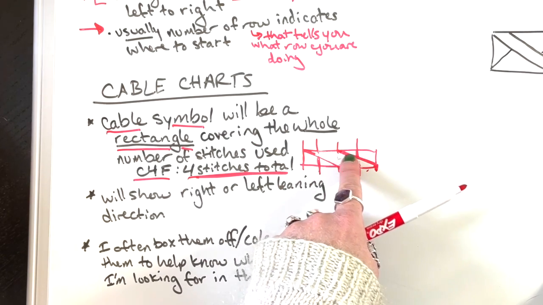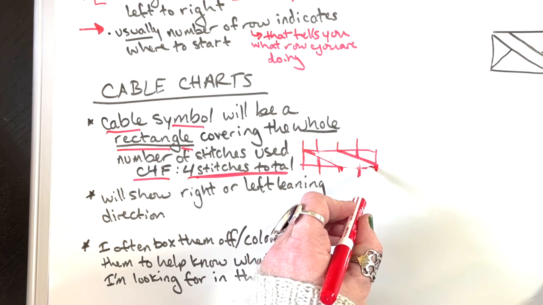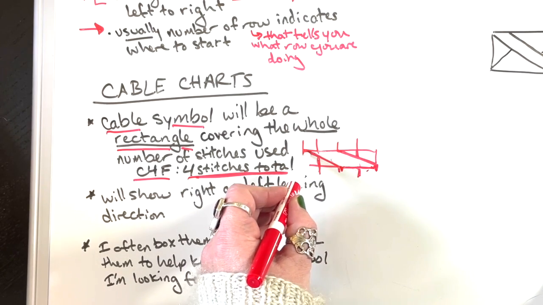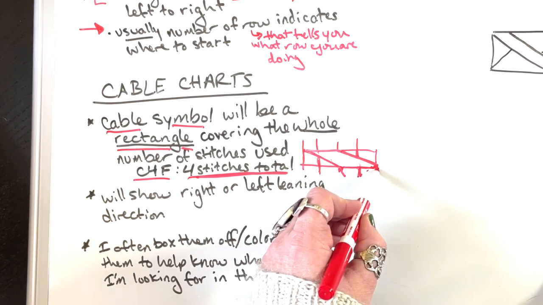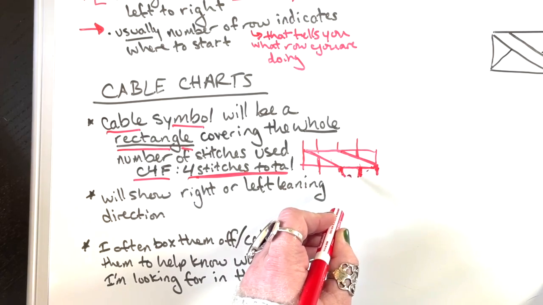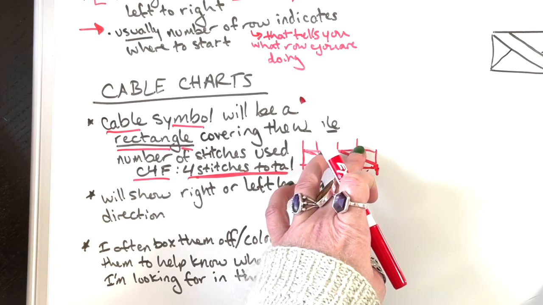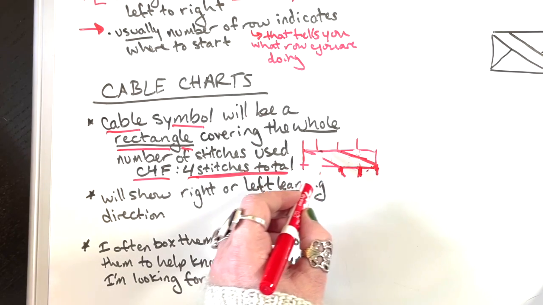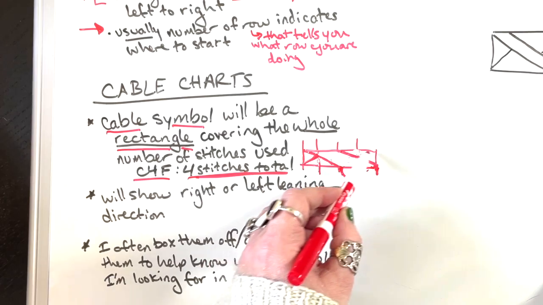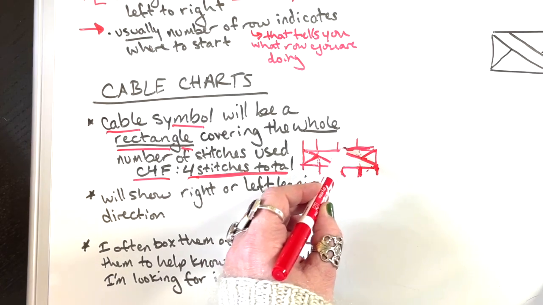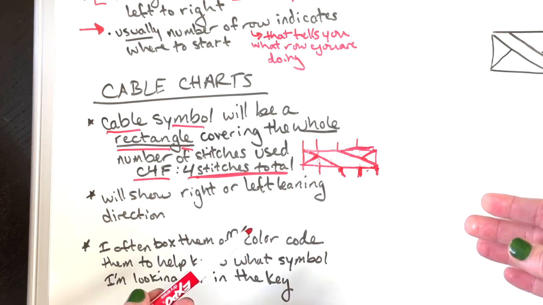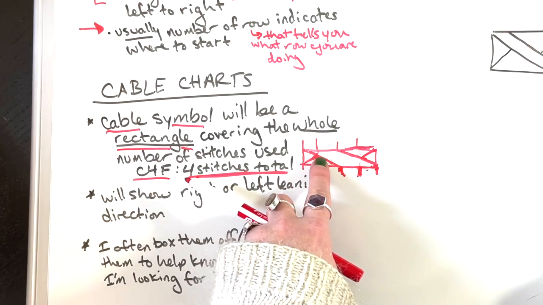So the symbol will show the 2 stitches right here, that's 2, crossing in front of the other 2. The symbol itself will show the crisscross, so it will go like this. It will have the other 2 stitches also trading places, but they won't be as visible.